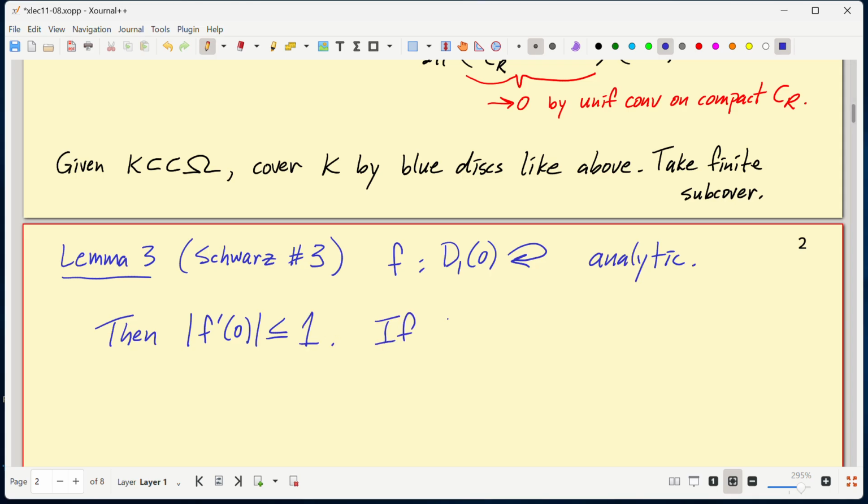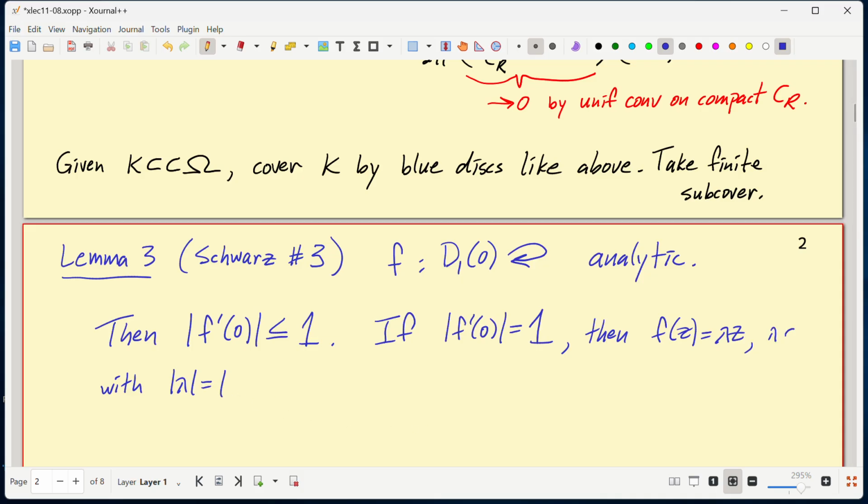And if the modulus of f prime of 0 equals 1, then f is a rotation. Has to be a rotation, with the modulus of lambda being 1.